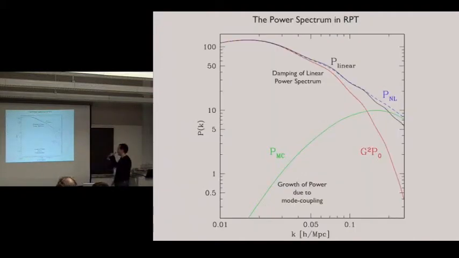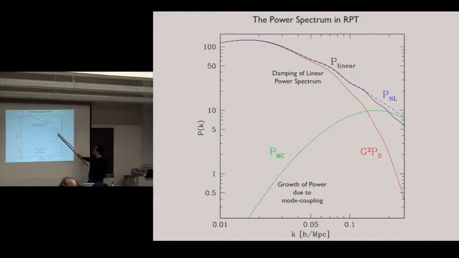So let me now show some results. So this is just a pictorial representation of what I wrote before. So you start with a linear spectrum, which is here, the solid line in black. Okay, you see the baryon acoustic oscillations in the dark matter get imprinted.